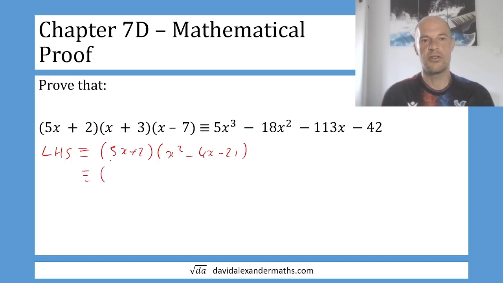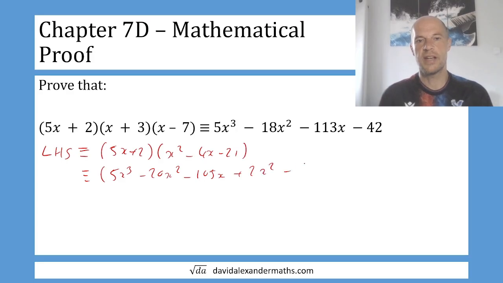And multiplying through by 5x, that's going to be 5x cubed minus 20x squared minus 5 times 21. Can I do that without a calculator? Yeah, minus 105x. Multiplying through by positive 2 plus 2x squared minus 8x minus 42.